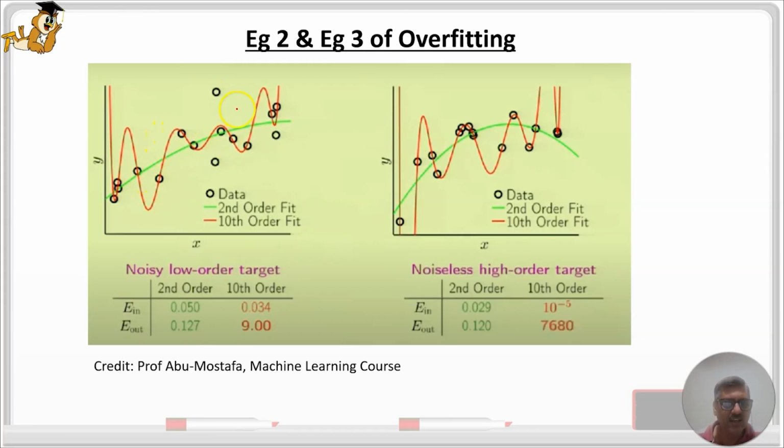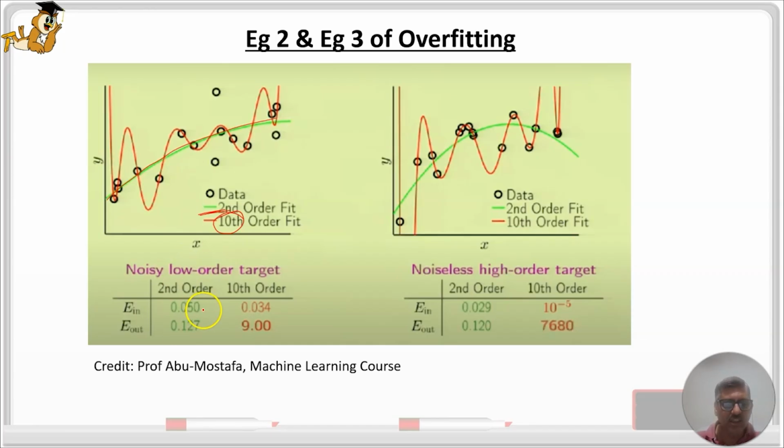So you can see that they sort of deviate from the low order target. And what you tried to do was fit a second order polynomial into the data, which is the green curve right here. And then you tried to fit a 10th order polynomial into the same data.